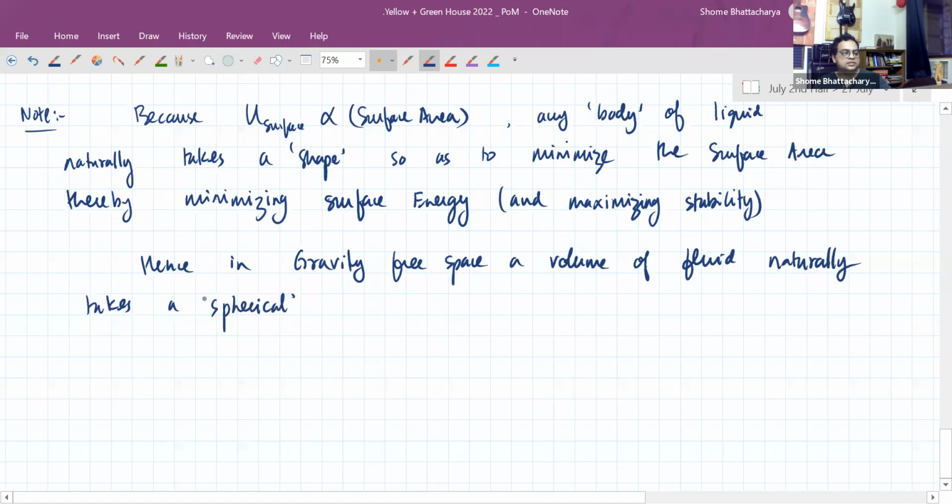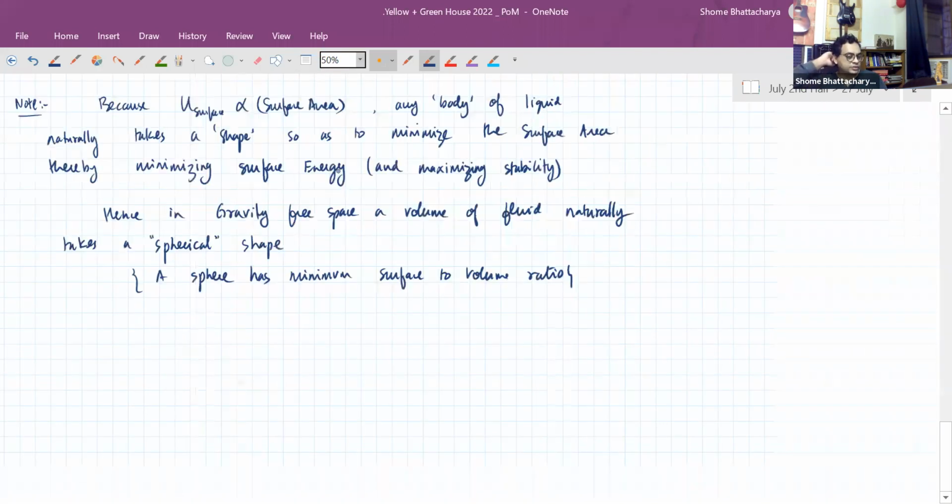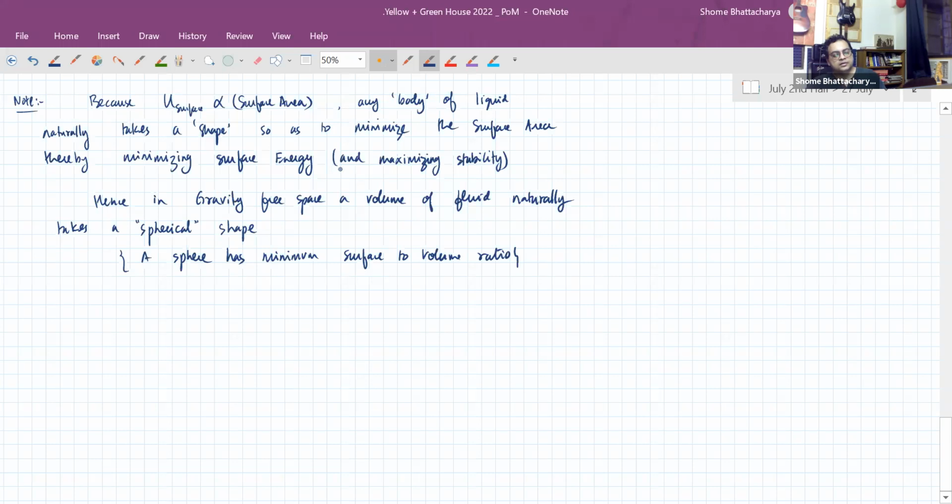Because the sphere has the property of minimum surface area for a given amount of volume. So in the absence of any other external force influencing the shape of a volume of liquid, like gravity, the natural shape of a volume will always be a spherical mass of liquid.